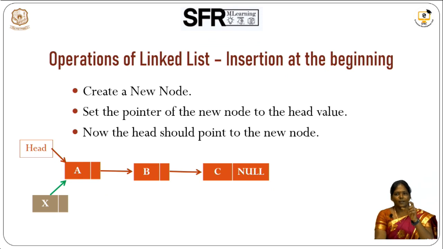The head is pointing to the first node. The new node should point to the head address, that means it points to A, and now the head should point to the new node, that is all. Here you can see that we are inserting a new node in the beginning position.